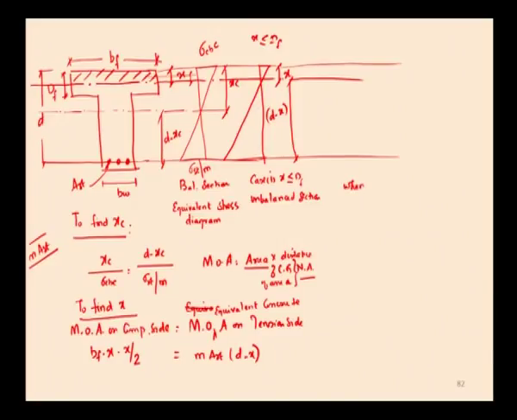When X is less than or equal to dF, the neutral axis lies inside the flange.